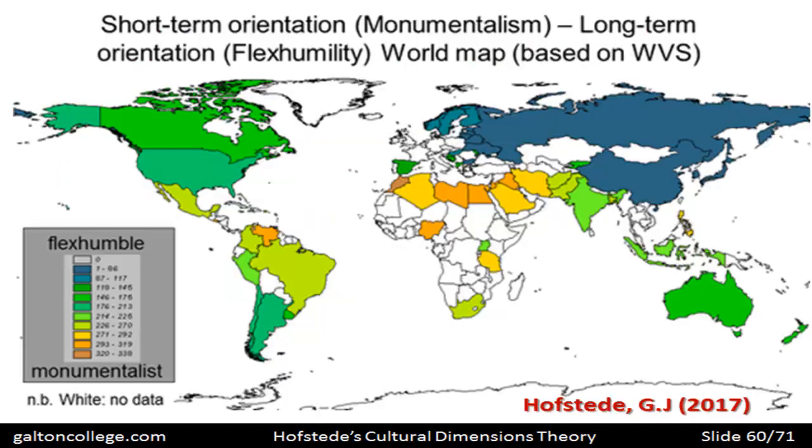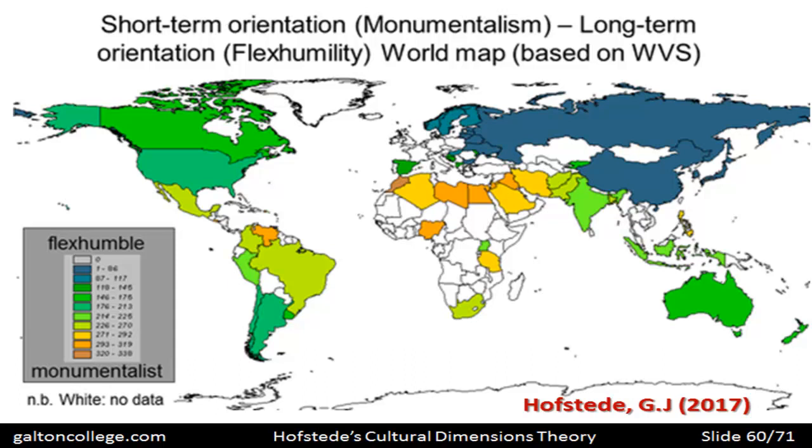So if you look at the society in terms of short term, which is termed here as monumentalism, and long term orientation, flexhumility. Looking at this world map, we see that some tend to be short term. For example, the Russian Federation, I should say, and China.